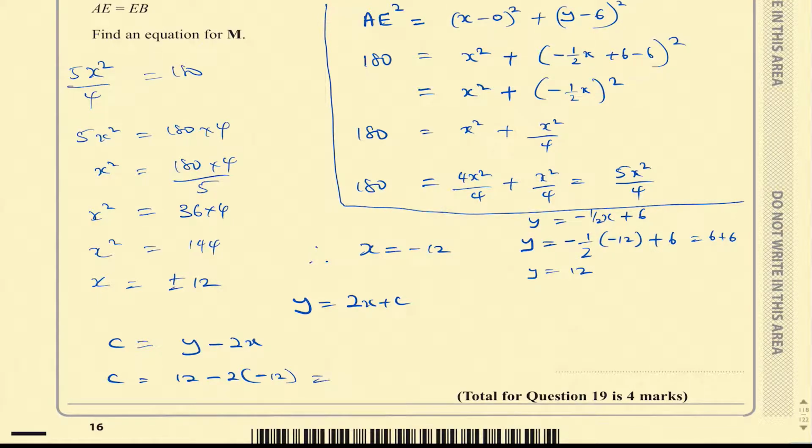And that will give c to be 12 plus 24, which is 36. So now the equation for m is y equals 2x plus 36.